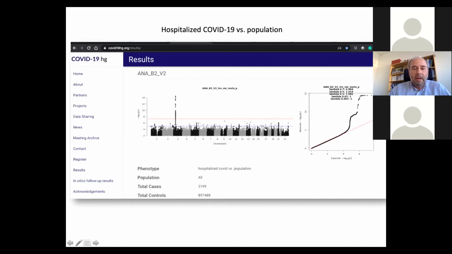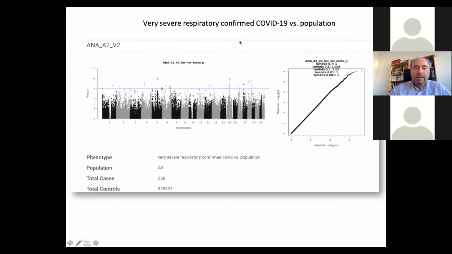The peaks correspond to those SNPs, or combinations of several SNPs, which have very low p-values, very significant SNPs, which means these SNPs in those regions are associated with people who were hospitalized with COVID-19.